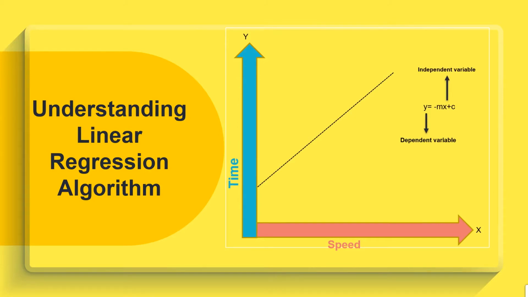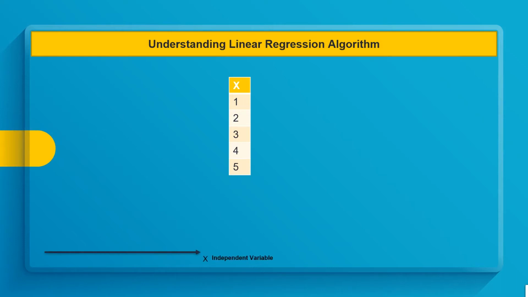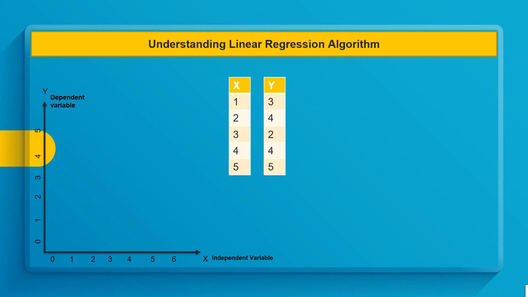Now let's move on and see the mathematical implementation of the things. So we have x equal 1, 2, 3, 4, 5. Let's plot them on the x-axis. So 0, 1, 2, 3, 4, 5, 6, and we have y as 3, 4, 2, 4, 5. So let's plot 1, 2, 3, 4, 5 on the y-axis.